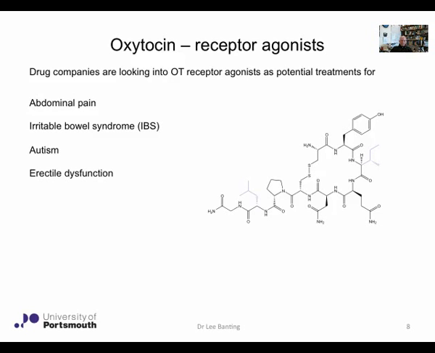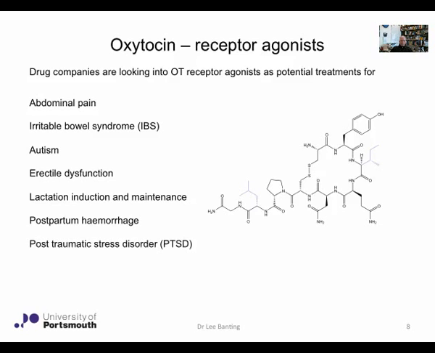Erectile dysfunction, that's quite different again. Lactation, induction and maintenance. Some people have problems maintaining lactation during support of their babies, and there may be a need for these compounds there. Postpartum hemorrhage, as we've discussed.